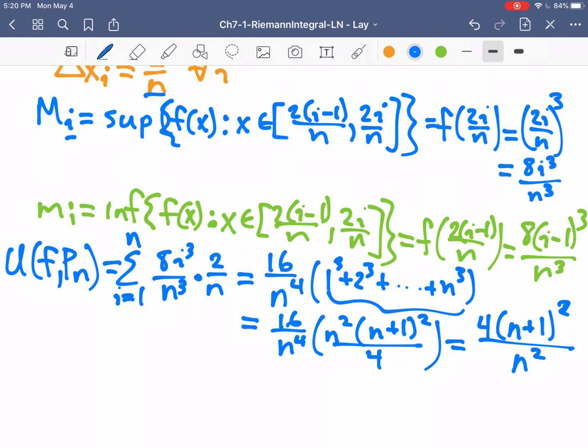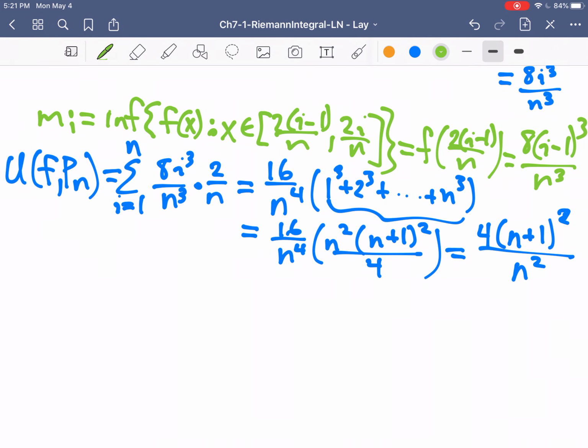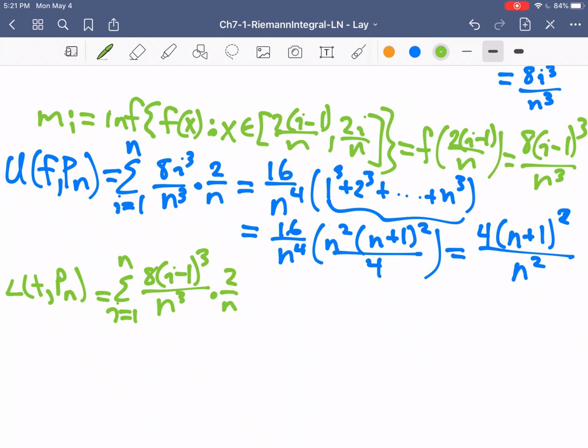For a lower sum, we have a sum I equals 1 to n. So we add up over all of those subintervals. We take the function value, which is 8 times I minus 1 cubed over n cubed, times 2 over n.